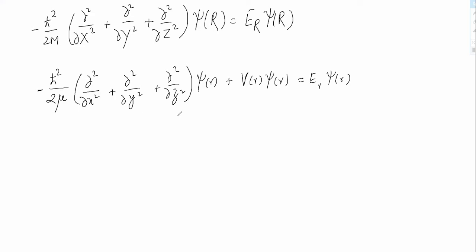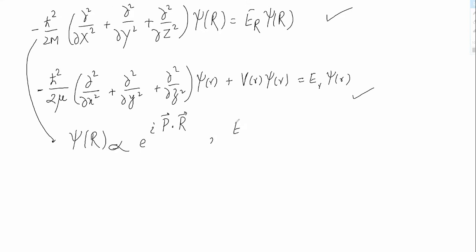But the important point is, here there is no potential dependence, and here there is V(r), and therefore this is something like a free particle moving in space, because there is no potential. And for a free particle, we are aware of the solution that this should be proportional to something like e to the power i p dot R. And what is this E_R?